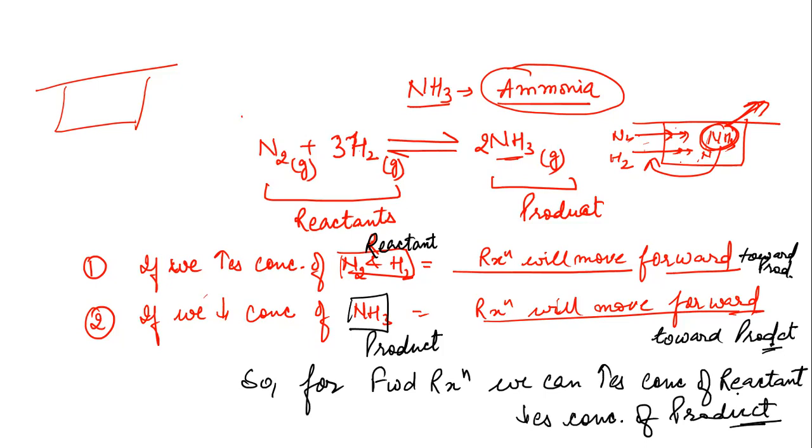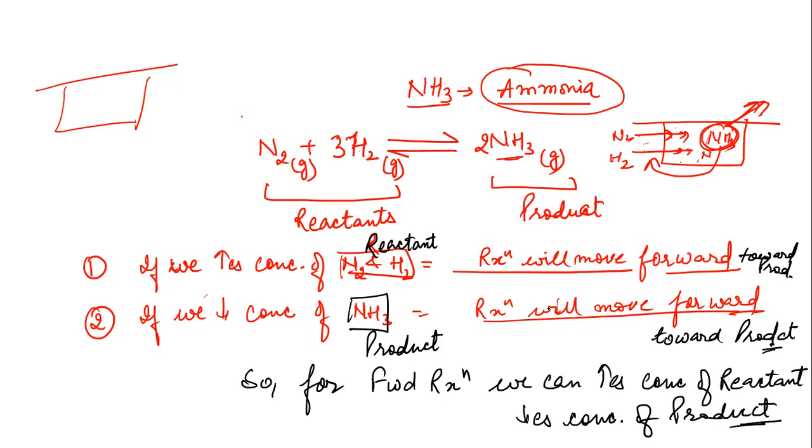Up to this point, is that clear? If we increase the concentration of reactant, the reaction will move forward towards product. And if we decrease the concentration of product, then again the reaction will move forward. These two points are clear?